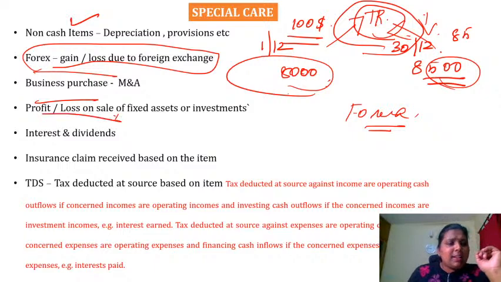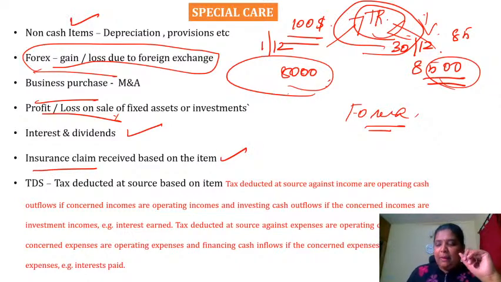This one we have discussed. Interest and dividends we have discussed, and insurance claim also, it is shown based on the item. This one please remember. Suppose I have taken insurance on my building and on my goods stock. Now what happened? A fire happened in my factory. My factory building got damaged, and the goods, suppose I am a car manufacturer, the finished cars in my godown, were fully damaged.